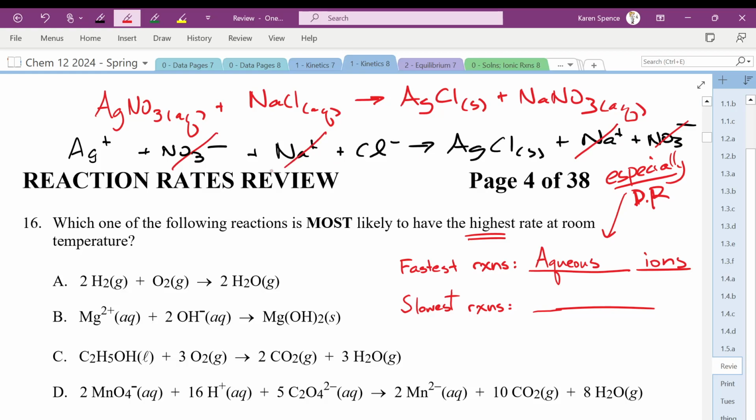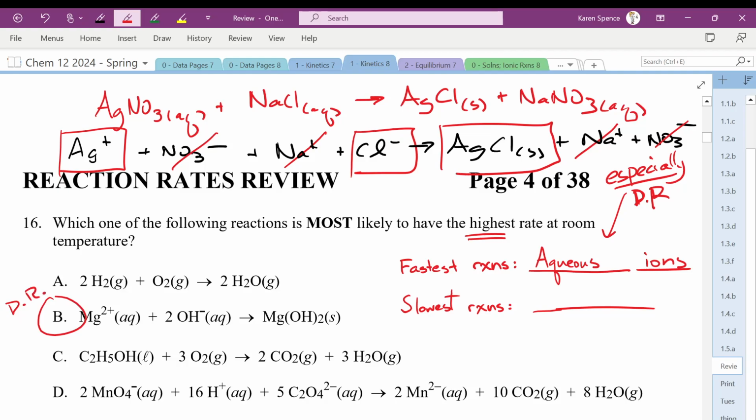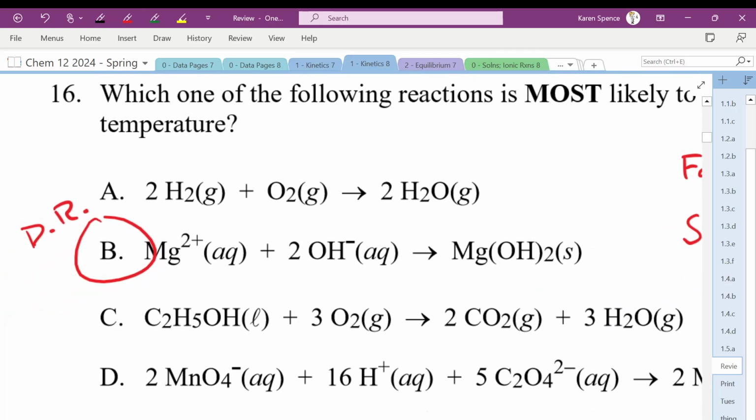So what you see is that, is there a double replacement reaction in the answers to question 16? Yes, this is a double replacement reaction. Because where did the magnesium come from?